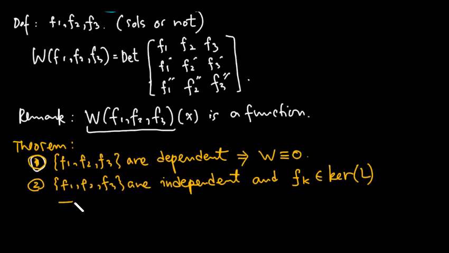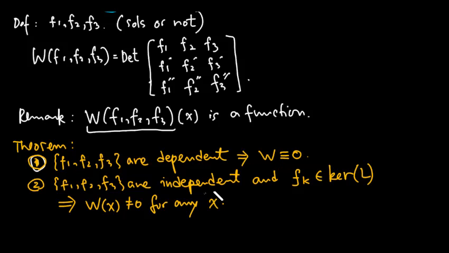If we have this additional condition, we have a conclusion that the Wronskian is not just not identically 0, we have a stronger condition. The values of the Wronskian will never be 0 for any value of x that we are considering. So that's a stronger statement.